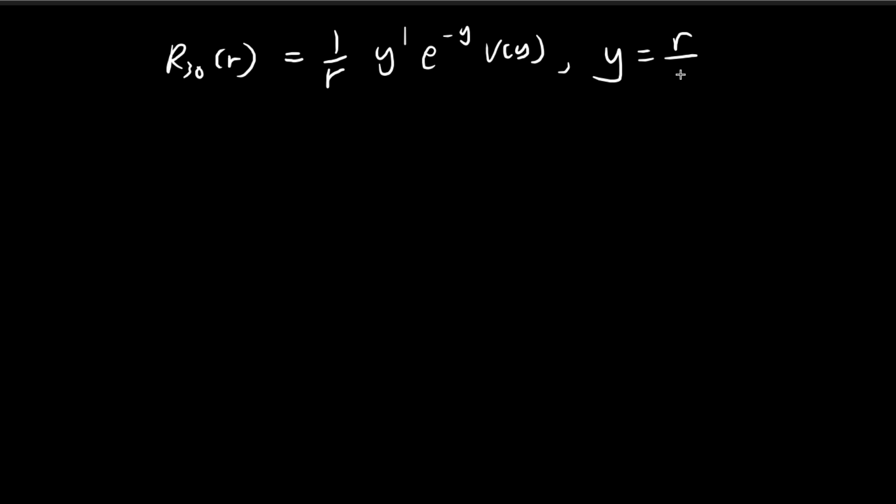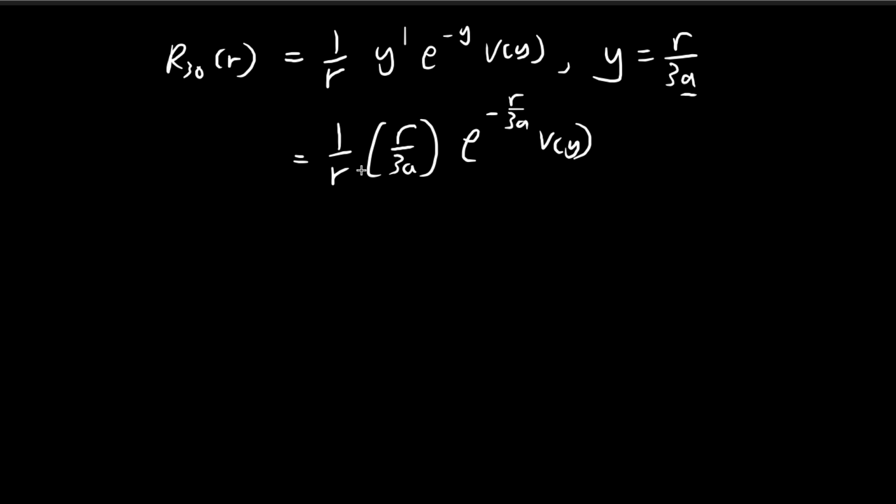In this case, n is equal to 3, so we have 3a. Don't forget that a is the Bohr radius. So now we can express everything in such a way. We have e to the power of negative r divided by 3a times v of y. So these obviously cancel out, and the only thing that remains for us to do is to find the expression for v of y.